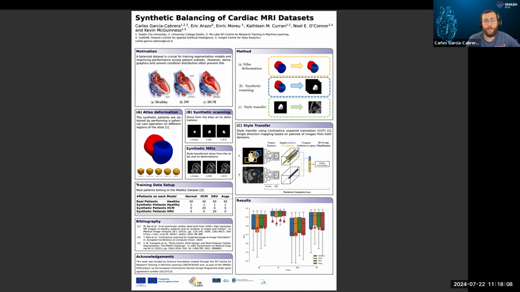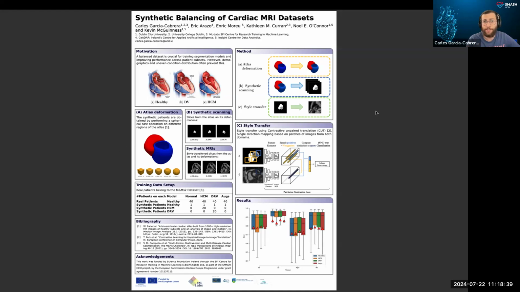Basically, what we aimed for is to generate synthetic data through an atlas. We took an atlas that represents a healthy patient, and we deformed it using spherical casting. By applying spherical casting on different regions of this 3D model, we changed the shape and tried to mimic those diseases.